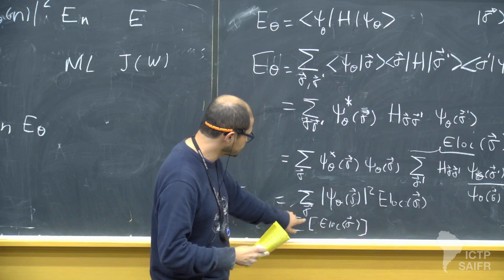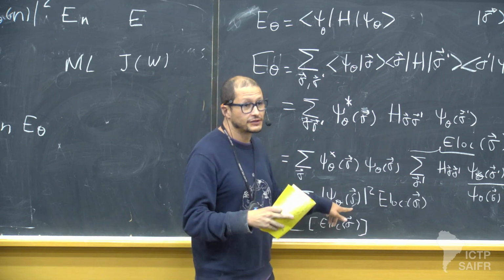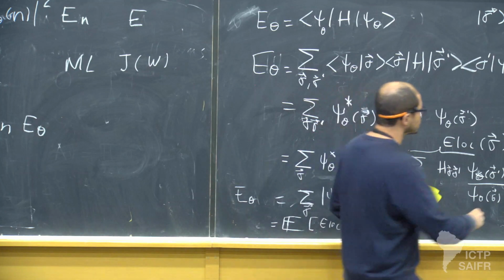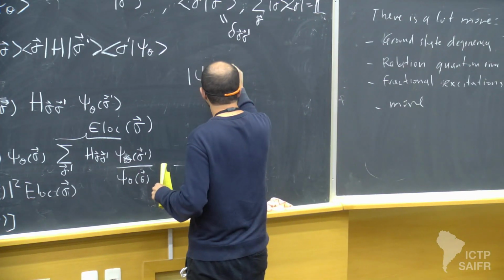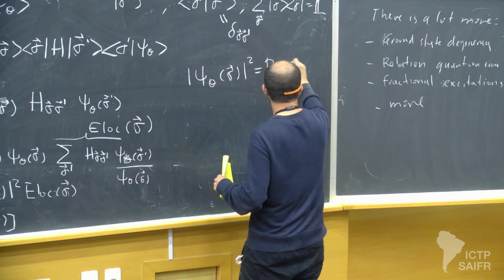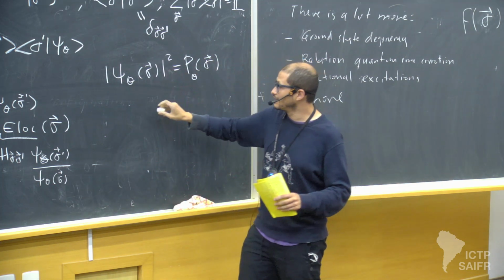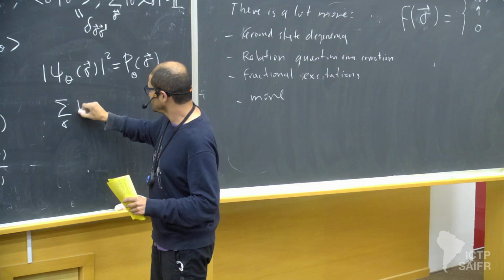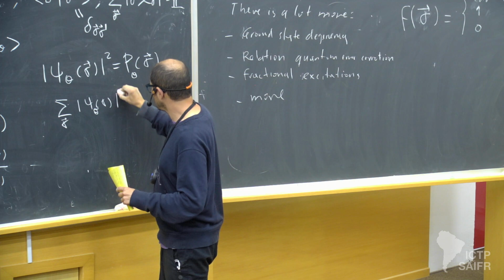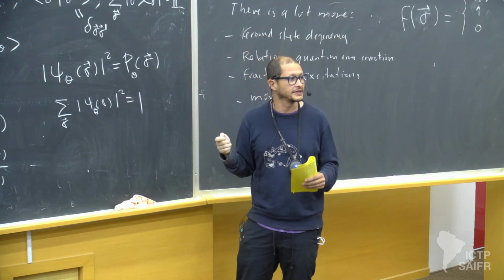It's an expected value with respect to this object here, which, because the wave function is normalized and this number is always positive, we can think of as a probability distribution over sigma. Why? Because this is a positive number, and the normalization of the state tells me that this is 1. So it is a probability distribution.